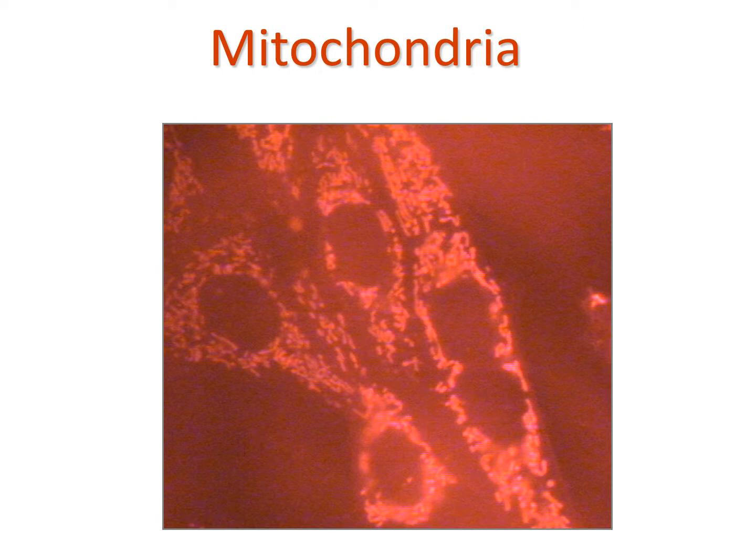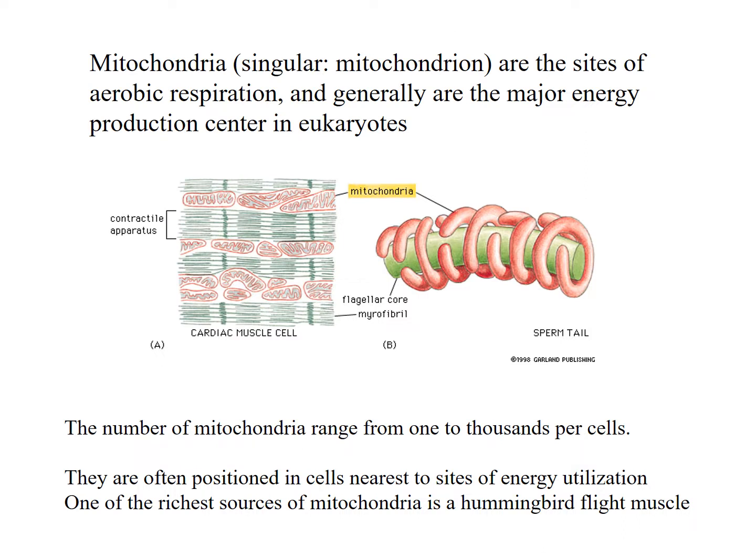Here's our friend the mitochondria. It looks like little red hots, little tubes there. This is just fluorescence staining. And it may be more of a superstructure, as in muscle fibers, or this sperm tail here, which allows the sperm to move for fertilization.